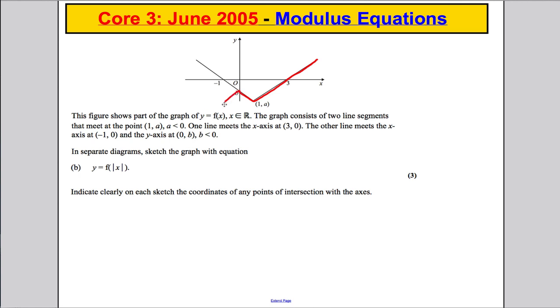So it actually does something like that, and it makes us have a w. Now that point there, by symmetry, would be -1, a, and by symmetry, that point there would be -3 and 0. And you're done. Just to make it absolutely clear, that should be parallel to that line as such.